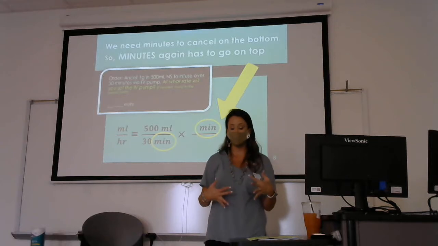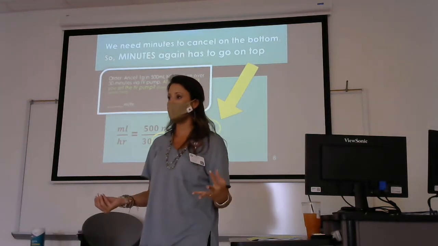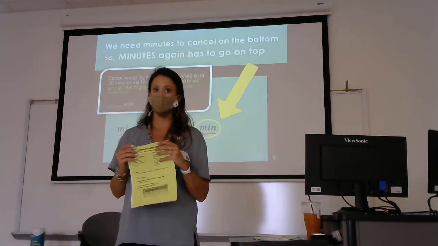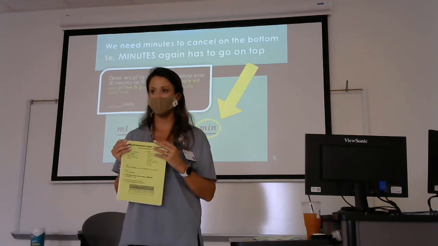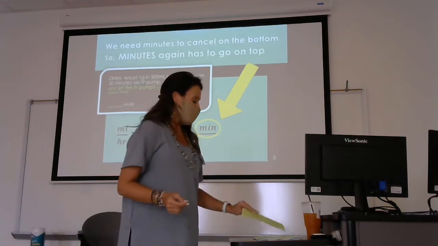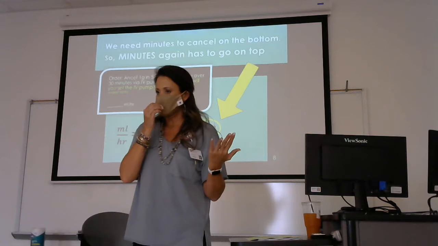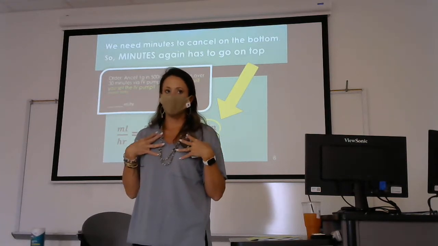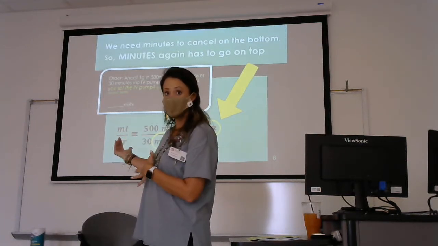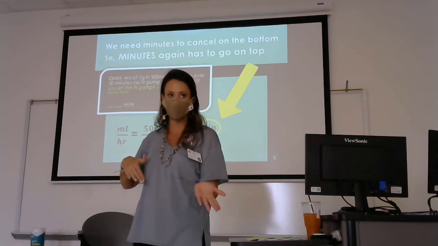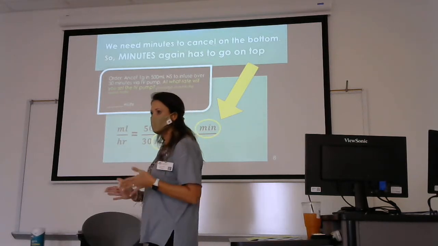So if you don't find it in your question, you have to go to the bank. Okay, and this is the bank. Most of you know the conversions that we're going to need to use from the bank, which is like this, 60 minutes in 1 hour. And that fills the puzzle out.